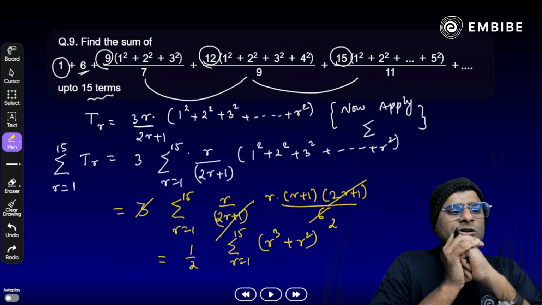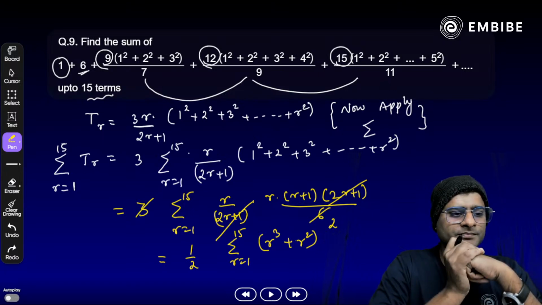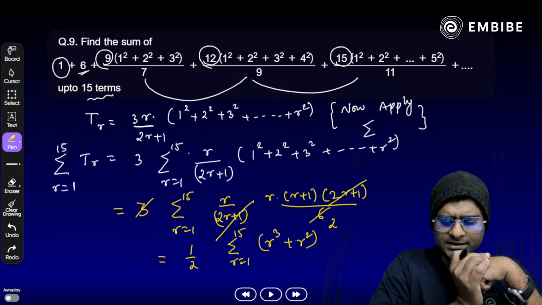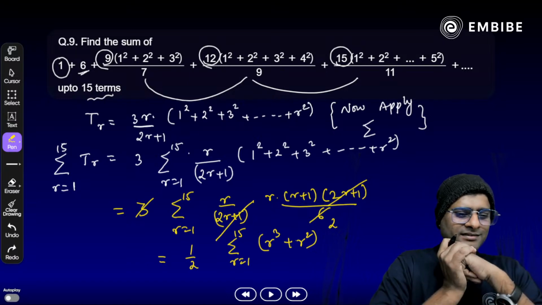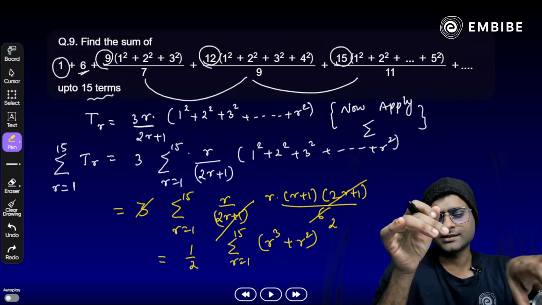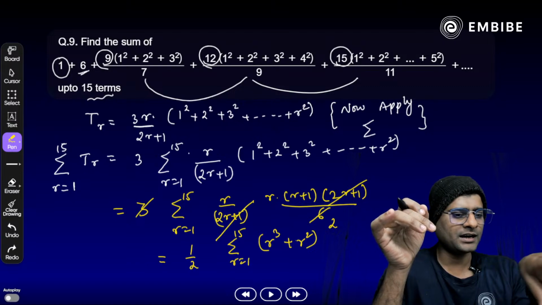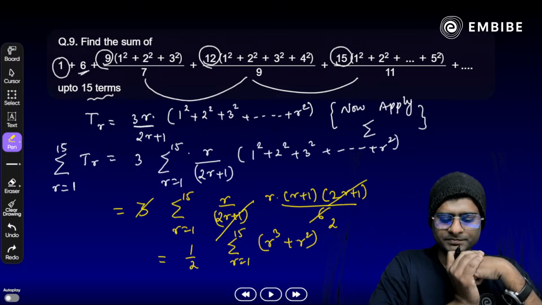If you put r equal to 1, can we get the first one? If you have r equal to 1 here, 3 cancels out. Obviously, we will get the answer. Yes, it's matching, Anushka. Try once more. It's matching. Now summation r equal to 1 to 15, we have r cube plus r square.